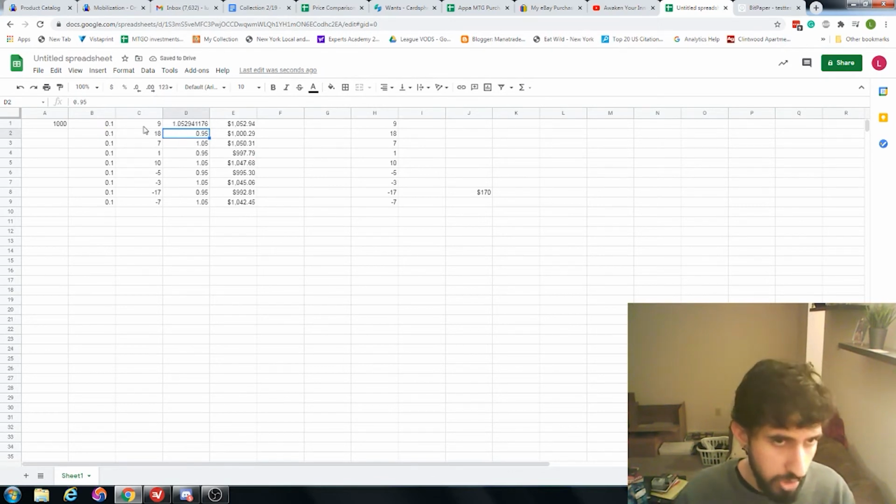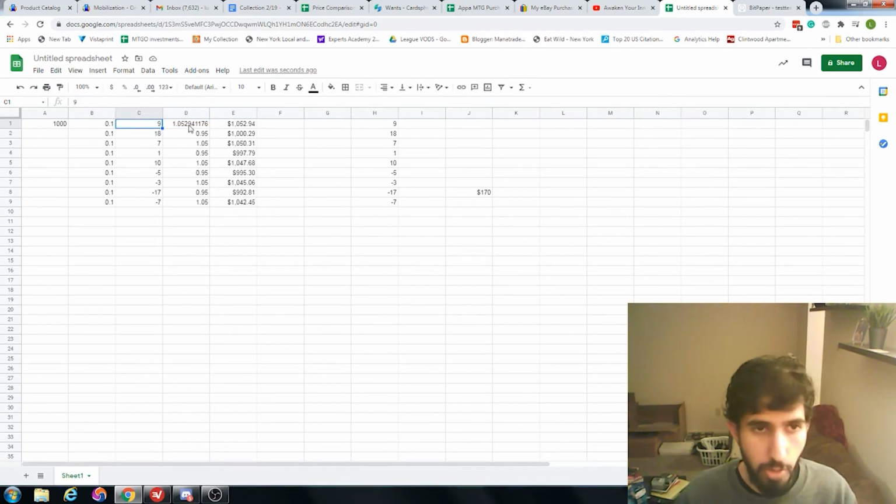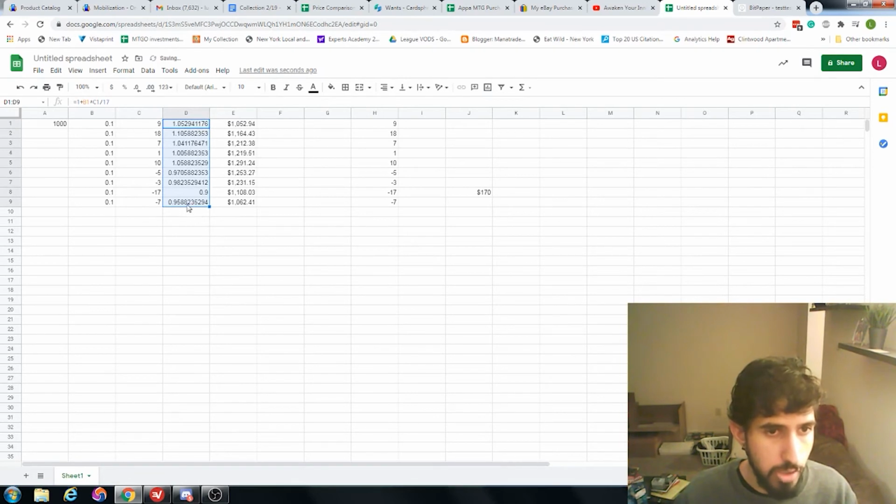So basically what I'm saying is, okay, if I'm willing to risk 10% of my portfolio, then this is what the trade would look like if I got that outcome on that trade. This would be like the return, basically. So let me do that for each of these.